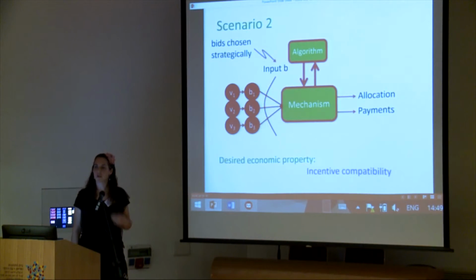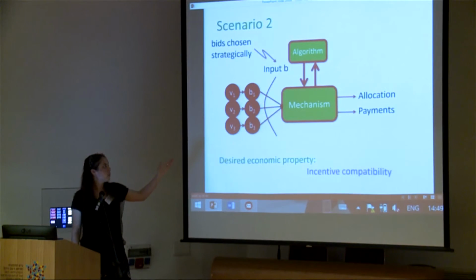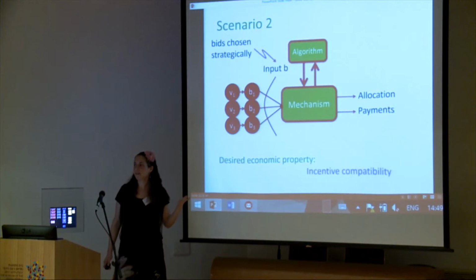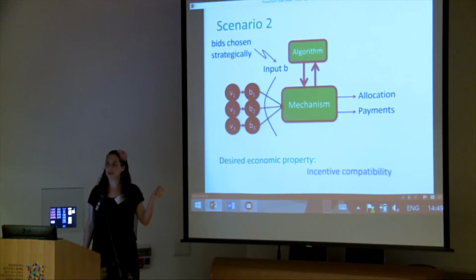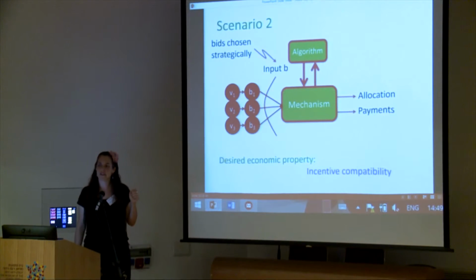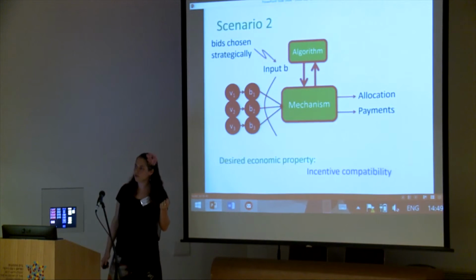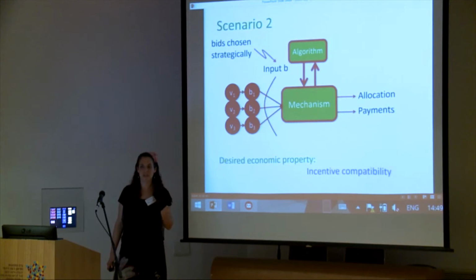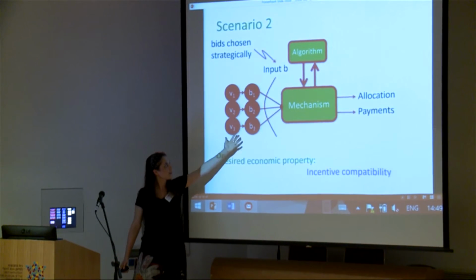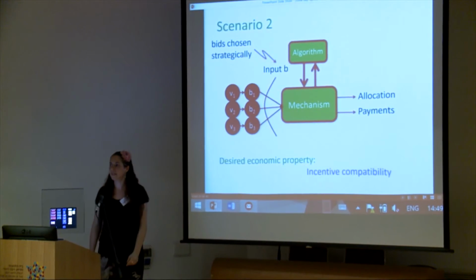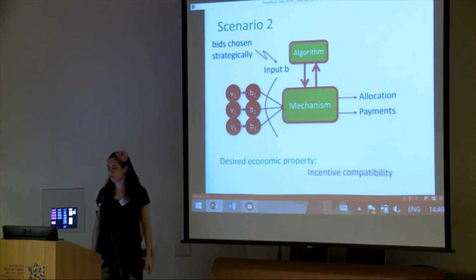The valuations are private to the agents, but each agent submits bids to the mechanism, and we assume that agents submit their bids in a strategic way. And we want our mechanism to be incentive compatible, meaning that for every agent, it is in his best interest to truthfully reveal his values. Essentially there is no difference between the vector of values and the vector of bids. Then we say that it's incentive compatible.